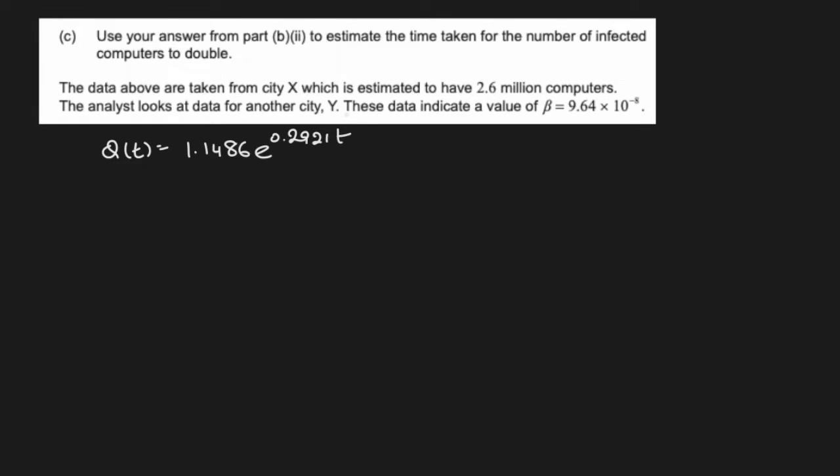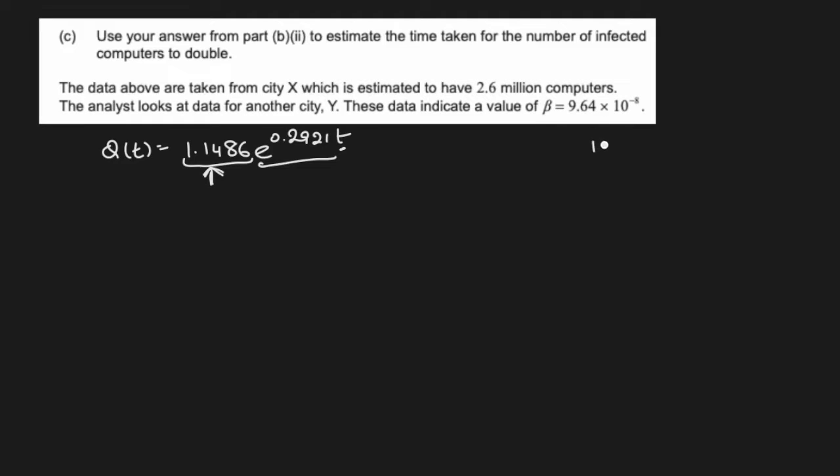So in an exponential growth, this is the growth over this original value. That means initially these many computers were infected. 1.14 is not a number of computers, right? But because it was a regression, that's why it gave us 1.14. We will double this to see how much time it will take this original number to double.